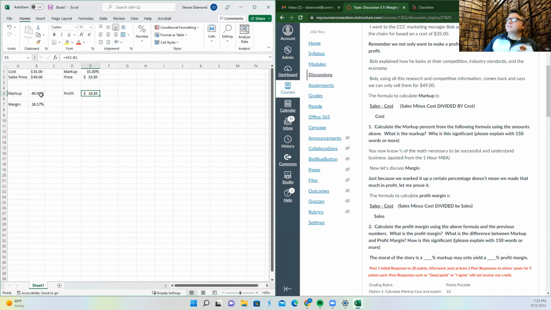If you notice, this is the first part of the formula, what your profit is, all right? And then I'm just going to go back here and delete these out, because at this point I can use this profit divided by cost and go back to where I was before.